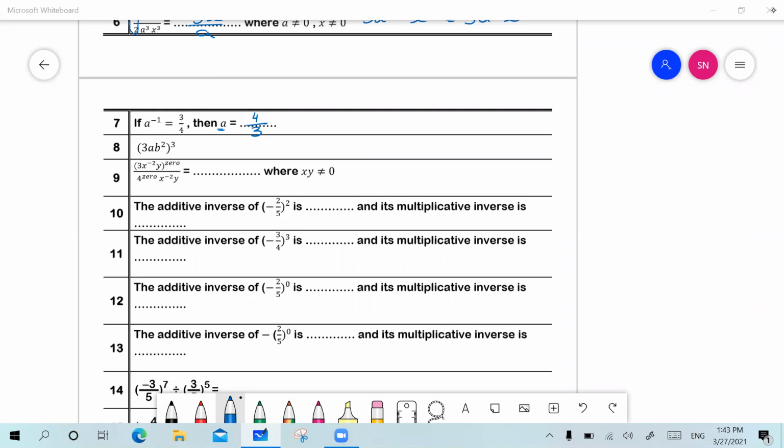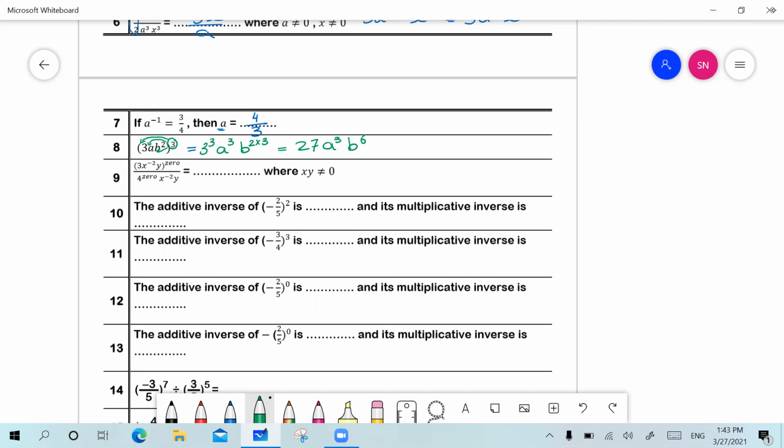Omar? لا. ممكن تركز معايا بقى؟ يا عمر انت بتتسرع كتير قوي. مش البراكت ده كله raised to the power of 3؟ يبقى ال 3 دي هعمل لها distribution على ال 3 وعلى ال A وعلى ال B to the power of 2، يبقى عندي 3 to the power of 3 A to the power of 3. ال B عندي already to the power of 2 هحط لها power تاني يبقى times 3، يبقى 27 A to the power of 3 B to the power of 6. نركز يا عمر. حاضر. ماشي يا حبيبي.